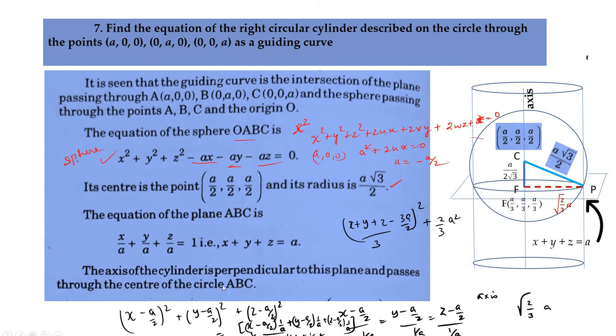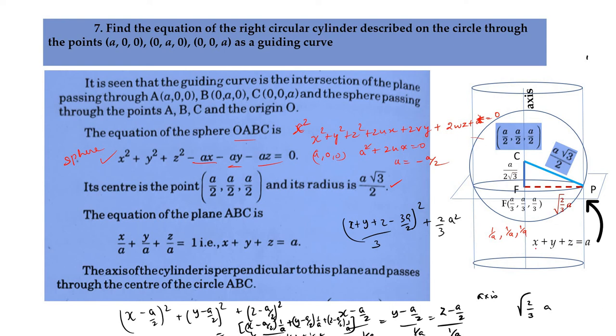So we consider the axis. We know the center of the sphere to be a by 2, a by 2, a by 2. So the point is known, and from the equation of this plane we have 1 by a, 1 by a, 1 by a.